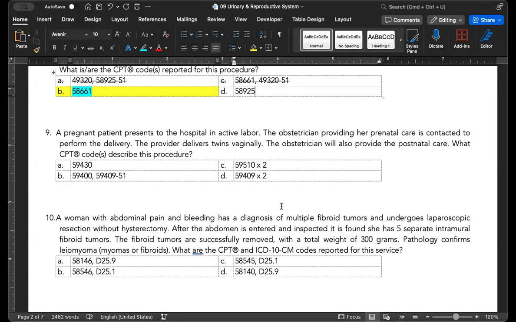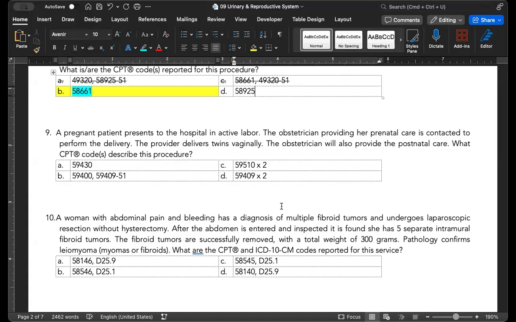So with the alphabetic index, you really only have a couple codes when we're talking about delivery codes. In your CPT, you've got a section that is labeled maternity care and delivery.